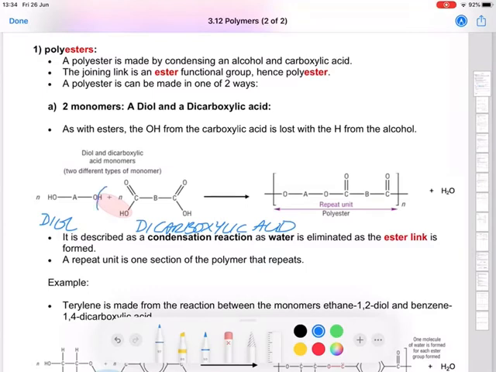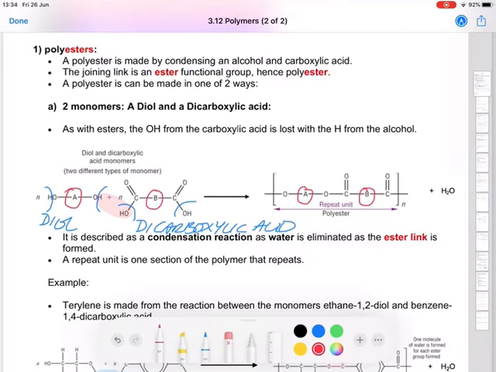And what happens is the hydrogen comes off the alcohol, the OH comes off the carboxylic acid, same at the other end, and that goes on and on and on. And whatever this group is here and here ends up in the repeat unit here and here.